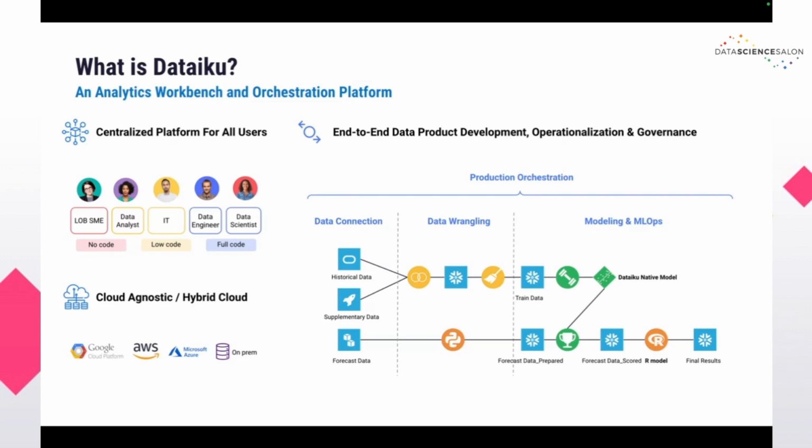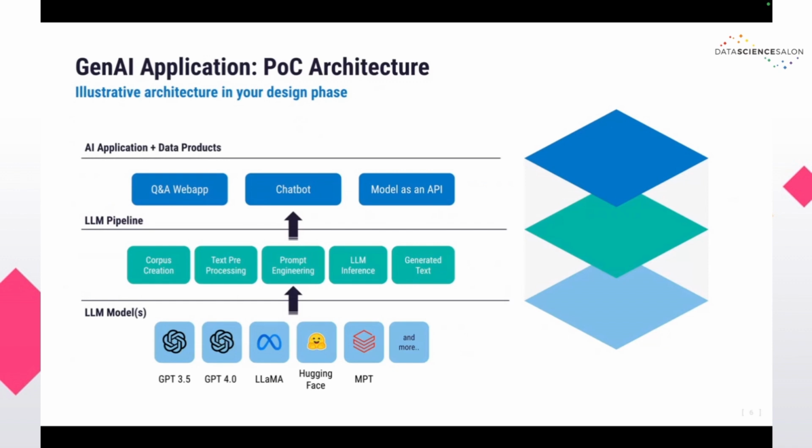So now that we have a basic understanding of what is Dataiku, let's go back to talking about that illustrative use case. So for folks on the call who might have developed some POC around generative AI, I would assume that your high-level architecture in your design phase looked something like what we have on the screen here.